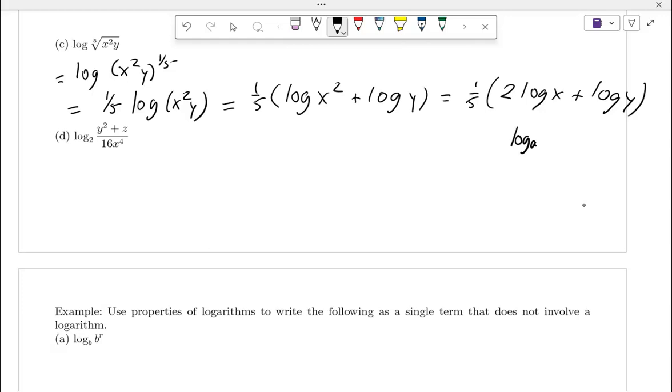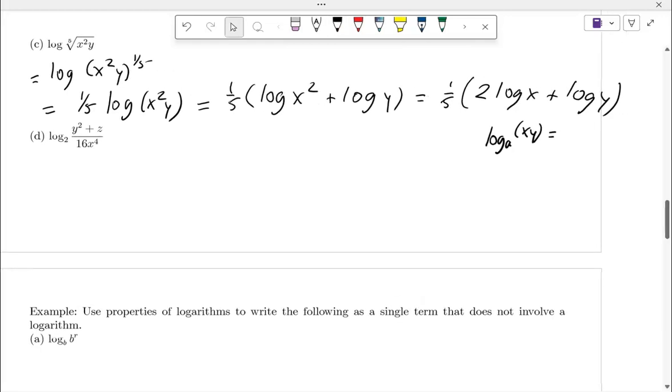If we have a log of a product, how do we rewrite that? How do we rewrite it? Good, right. Remember that it turns a product into a sum.